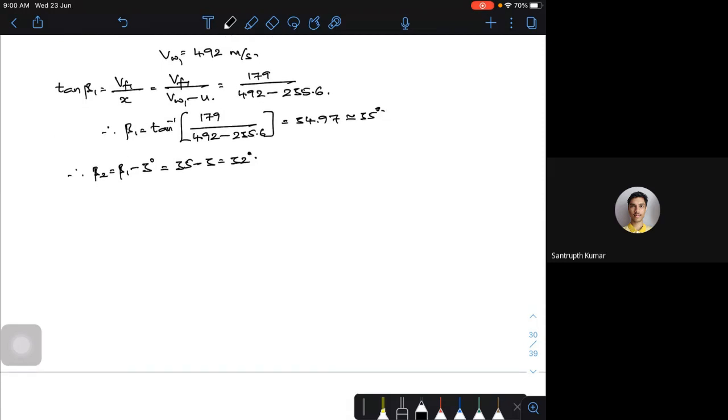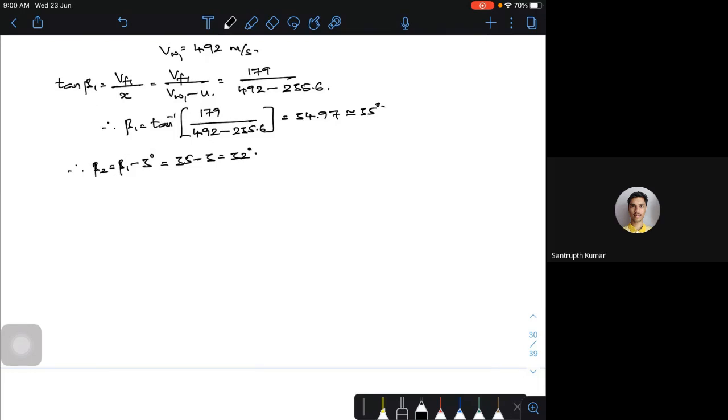So sin beta 1, from the same inlet velocity triangle, is equal to VF1 divided by VR1, or I can write VR1 is equal to VF1 divided by sin beta 1.